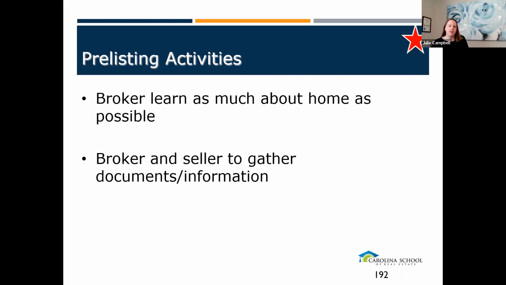Probably one of the biggest things that we need to ask the seller to gather when we're getting ready to list this property is their outstanding liens. Liens. We need the seller to get those approximate balances. There's actually a place in our listing agreement that asks the seller to list their approximate balance.